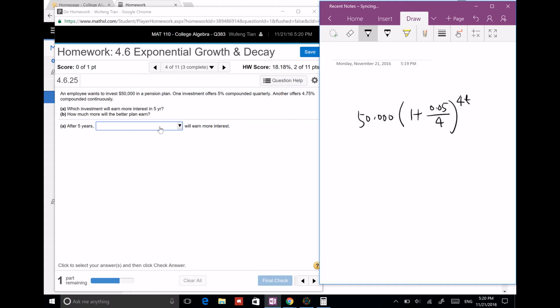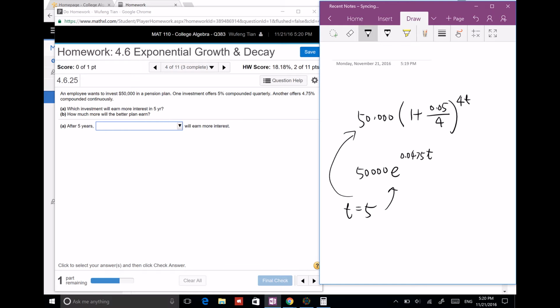The other offer is continuous, so it's 50,000 times e to the power rt, e to 0.0475t. So which one is more in 5 years? You plug in t equals 5 in both, and find which one is bigger.